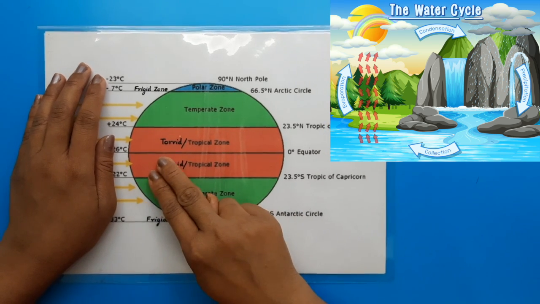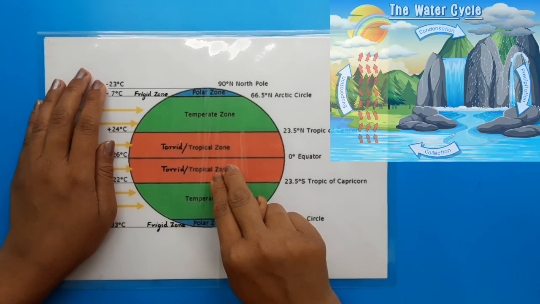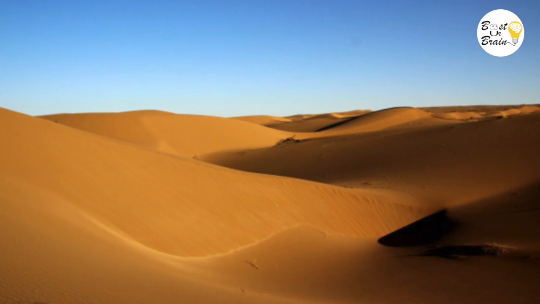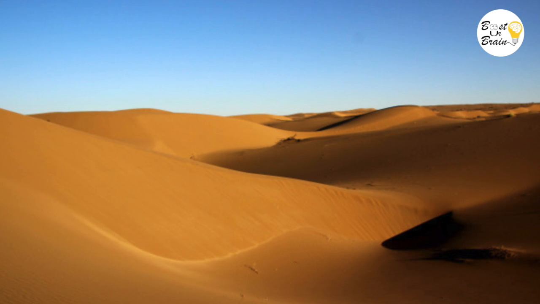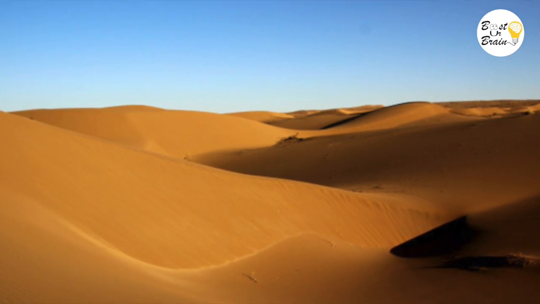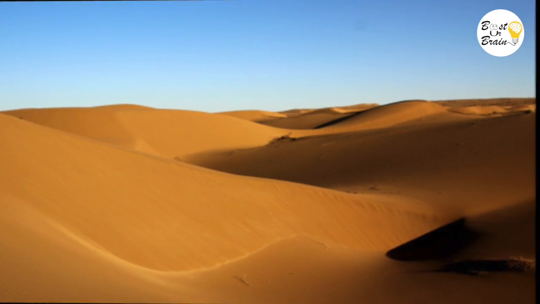So, the climate near the equator is hot and wet. Deserts are formed in places where there is very little humidity and so very little rain throughout the year.